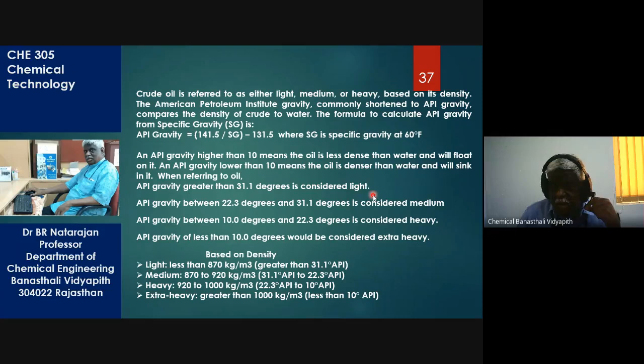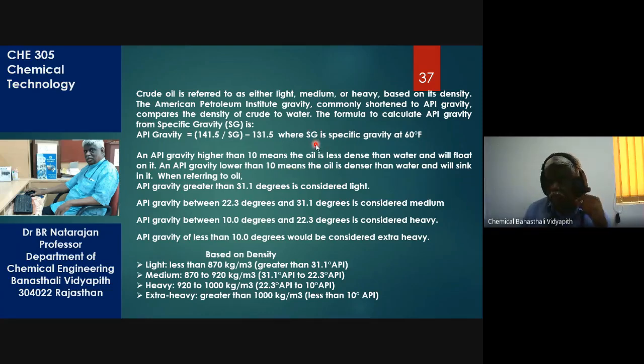So you know that light crude is the best one, with API gravity more than 31.1. Actually, API gravity is something relative to whether the oil is denser than water and will sink or not. Sg means, remember, relative specific gravity, the ratio of densities.